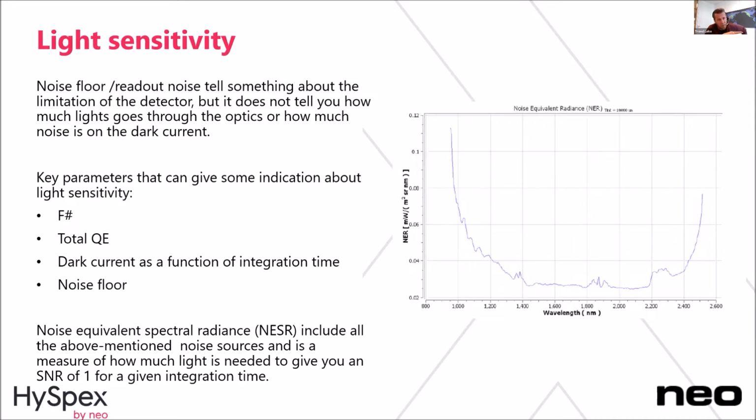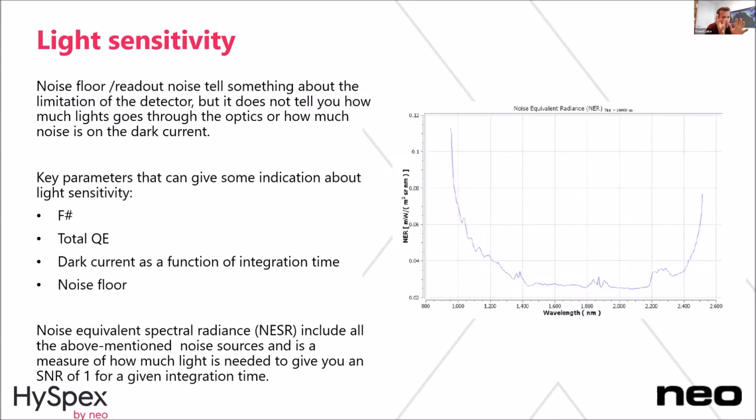This graph I showed earlier tells you how much of the light coming into the camera is actually used to generate photoelectrons in the detector element. Then you're subtracting a dark current, so you need to know how many frames are averaged and what the noise is on what you're subtracting. And then you need to know the noise floor of your camera.